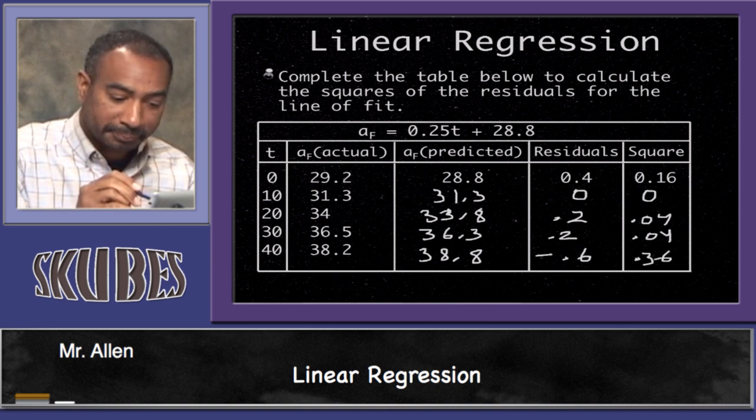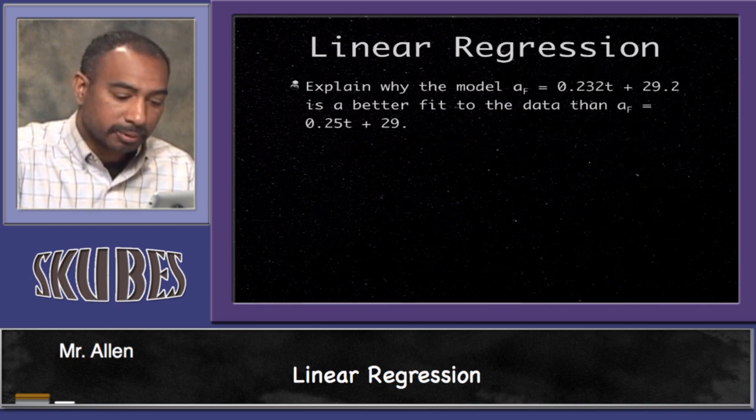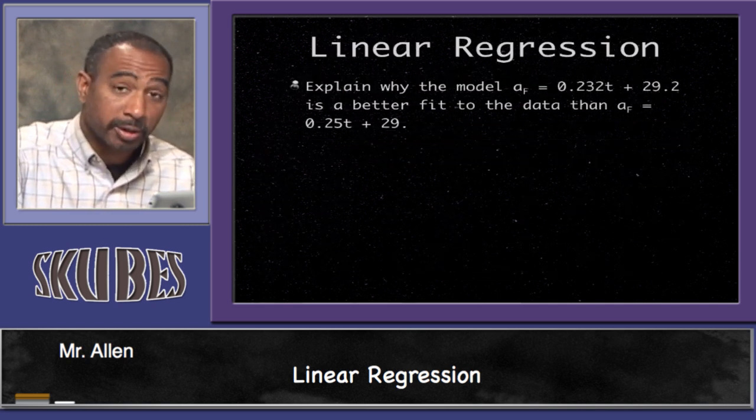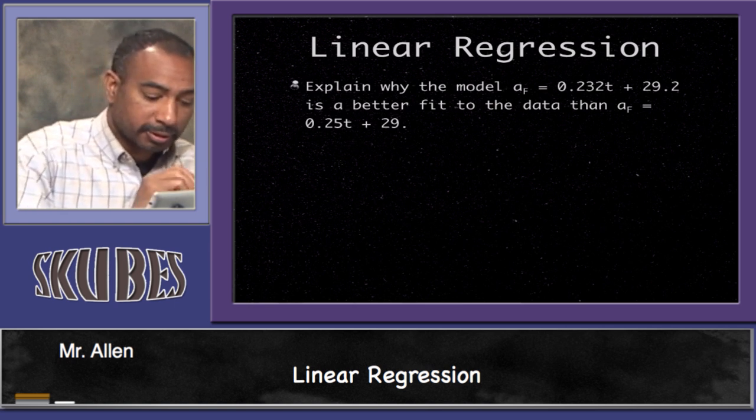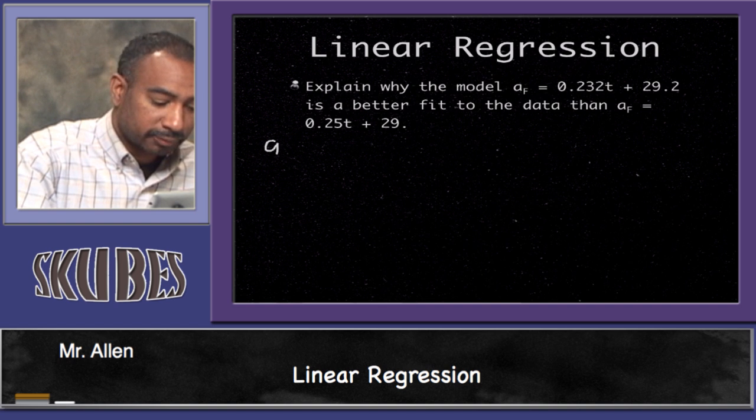All right, so when you do all that, now we're going to add up the squares of the residuals and see which one has the lowest sum. So let's look at this first function.